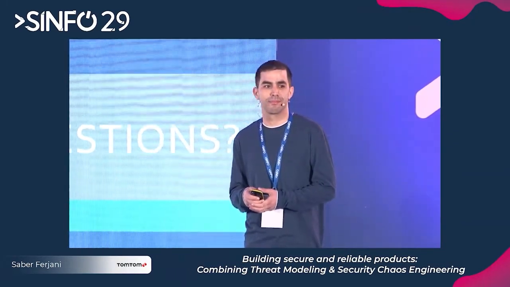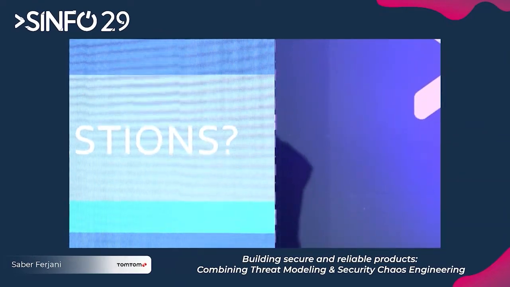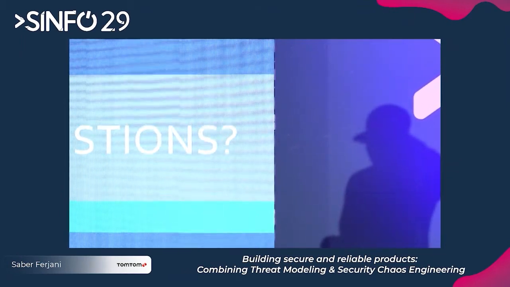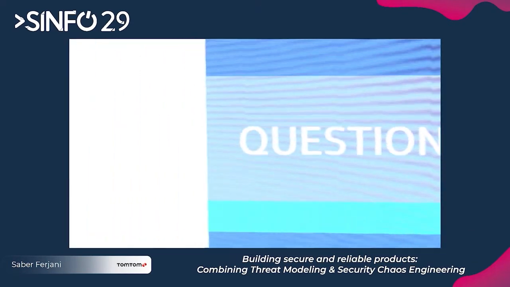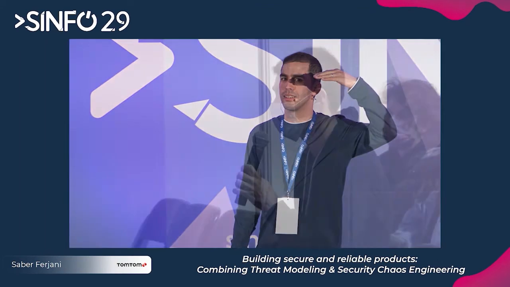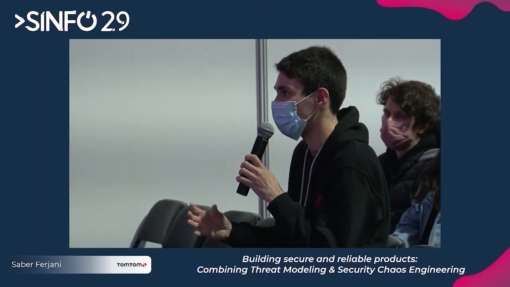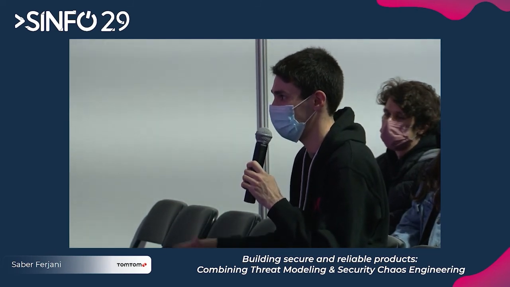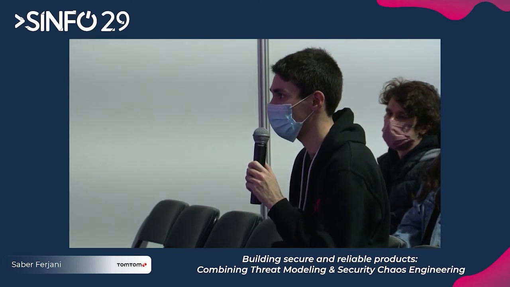Hello. You mentioned that security chaos engineering tries to minimize failures instead of preventing them. But imagine that someone tries to take advantage of that and makes a big attack that makes the system unavailable for several days.